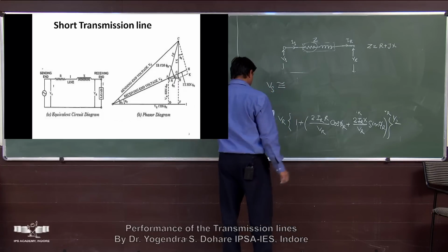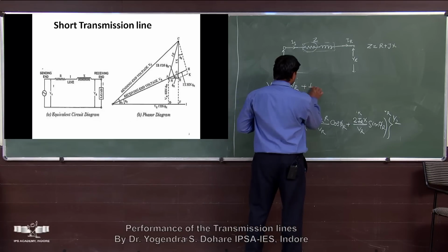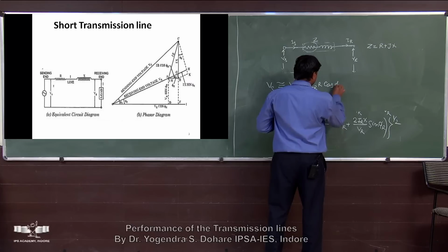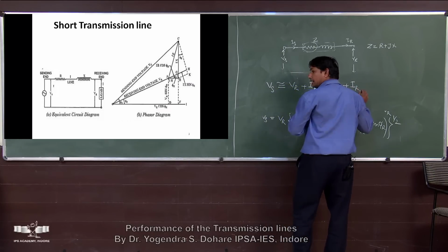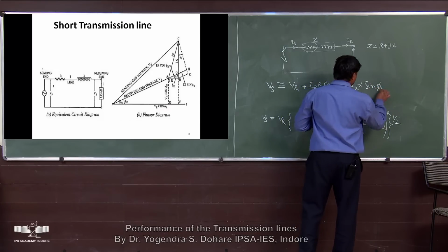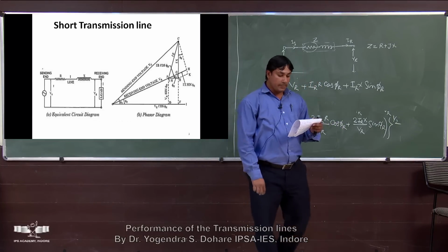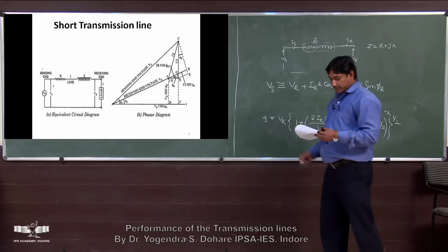So Vs is nearly equal to Vr plus IR into R cos phi r plus IR into X sin phi r. This is the equation after using the binomial expansion and limiting to the first two terms.